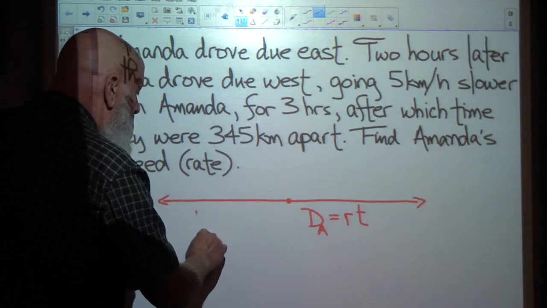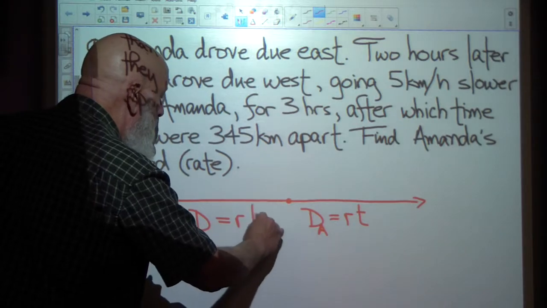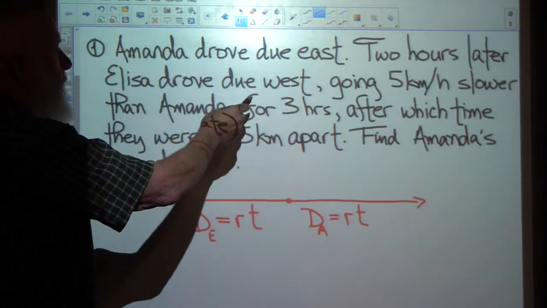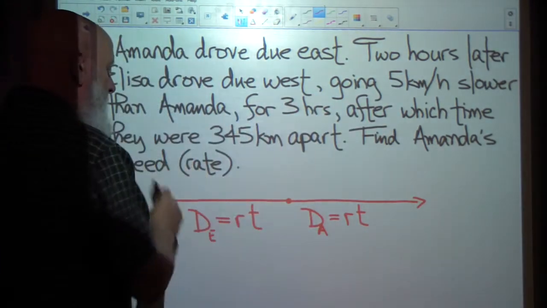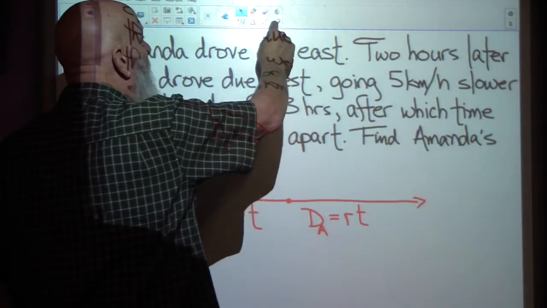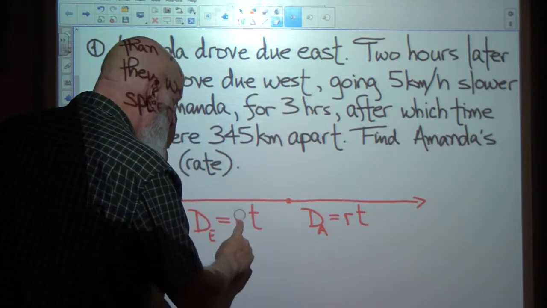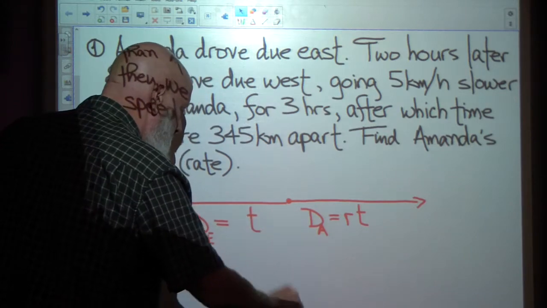So we've got distance is equal to rate times time. And this is d sub e for Elisa. She drove due west, and she's going 5 kilometers slower than Amanda. So if this is R, this is R minus 5. So I'm going to put that in there.